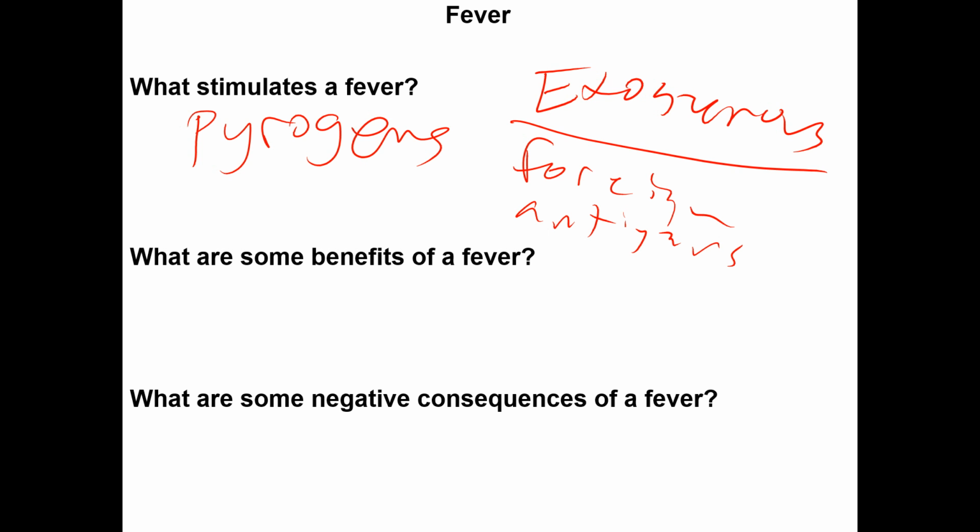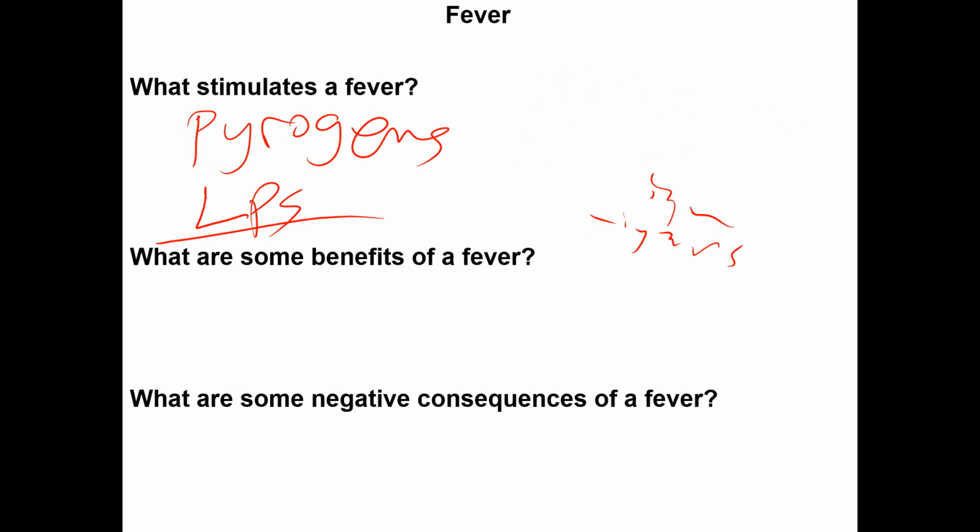In this case, it could be something like, for instance, LPS is a pyrogen. These are molecules that you would find on microbial cells that stimulate fever.